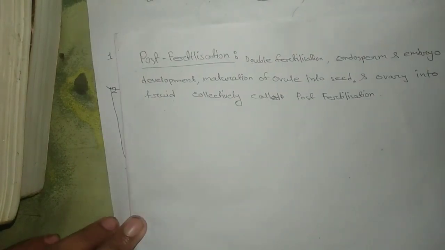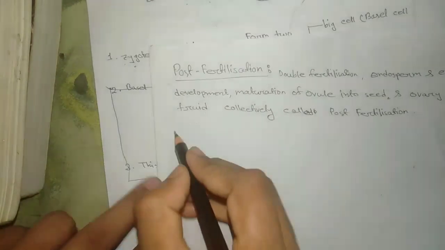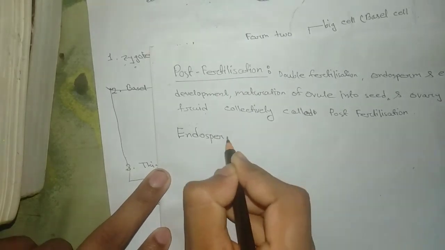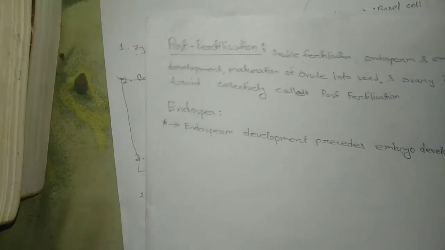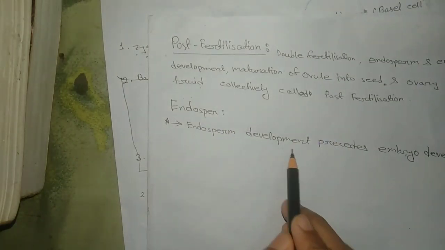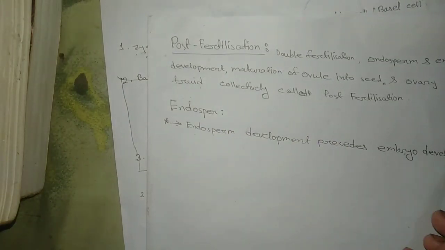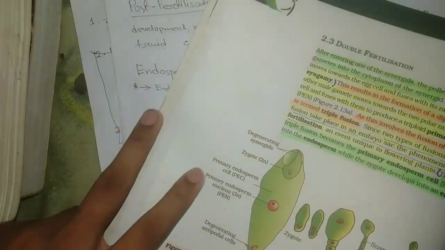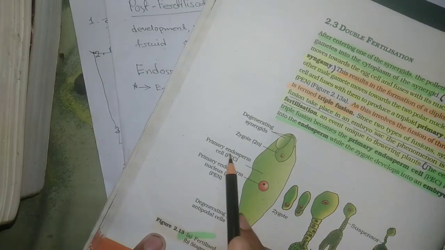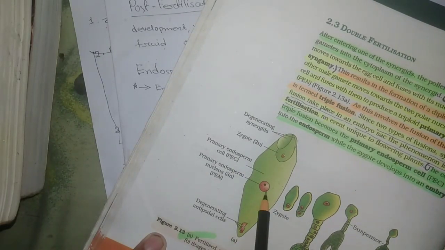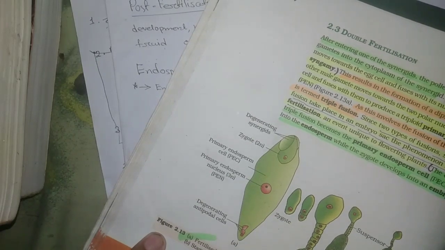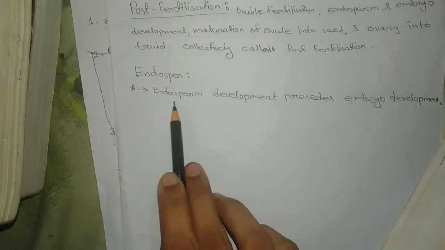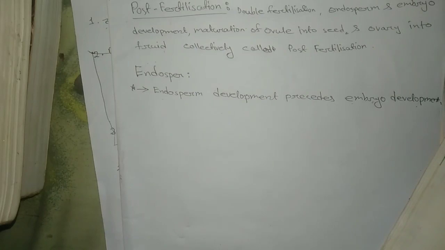Now I will discuss endosperm. Endosperm development precedes embryo development. This is the endosperm cell, the primary endosperm nucleus. This part helps to form the embryo.